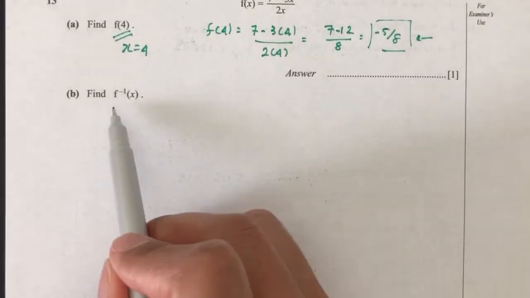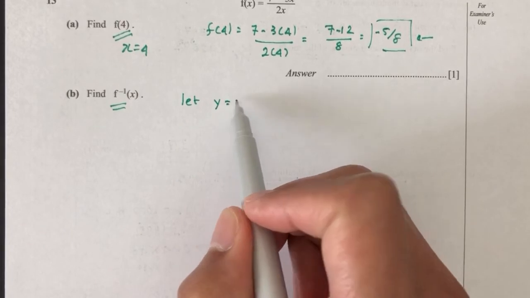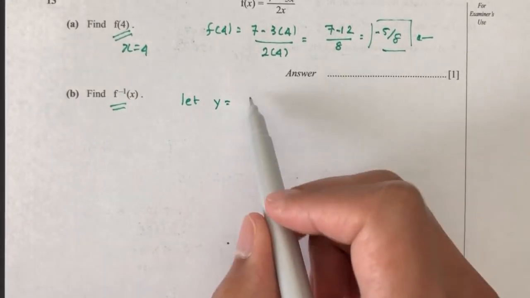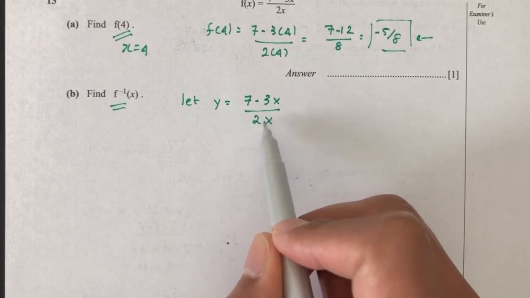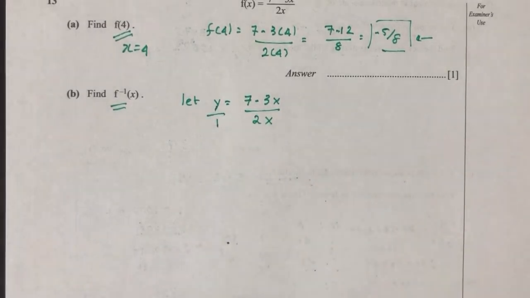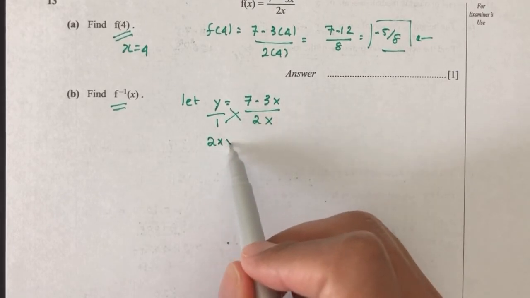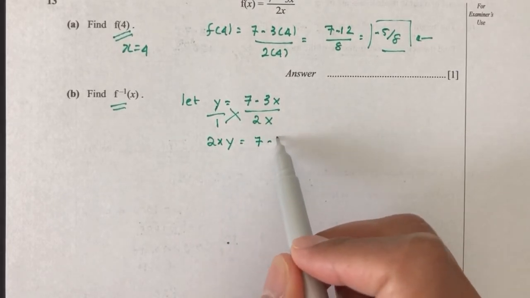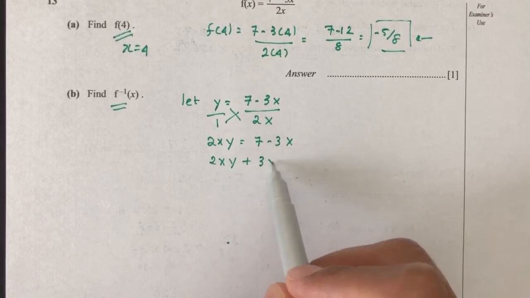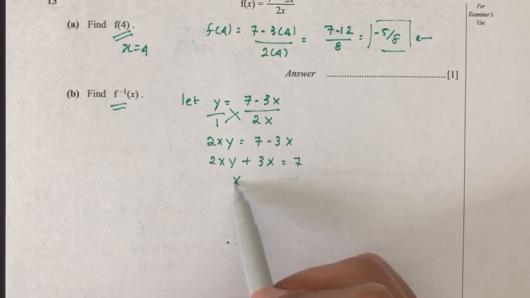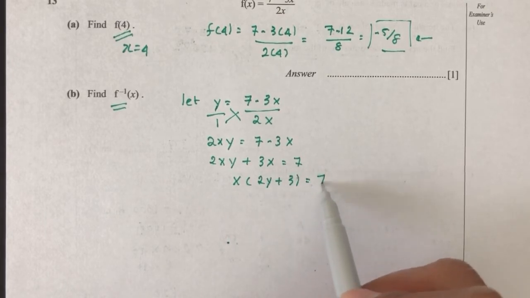Part B, find f inverse. The first step is to let y equal to f of x, so 7 minus 3x over 2x. Next step is to make x the subject of the formula. So we have 2xy equal to 7 minus 3x. 2xy plus 3x equal to 7. x times 2y plus 3 equal to 7.